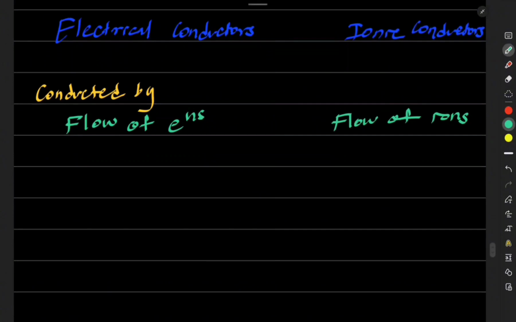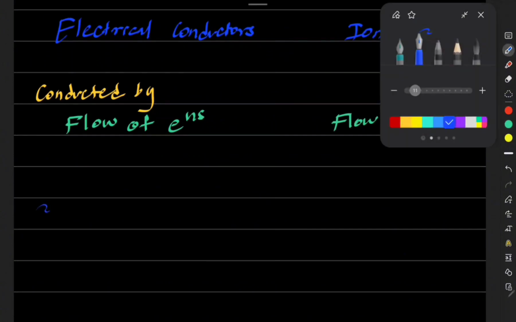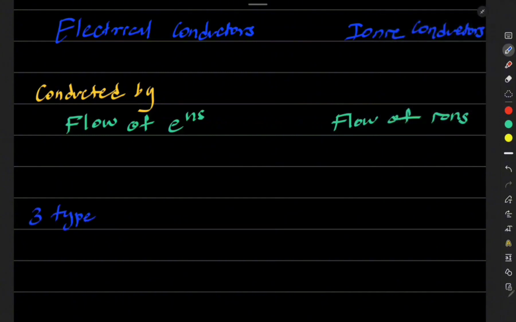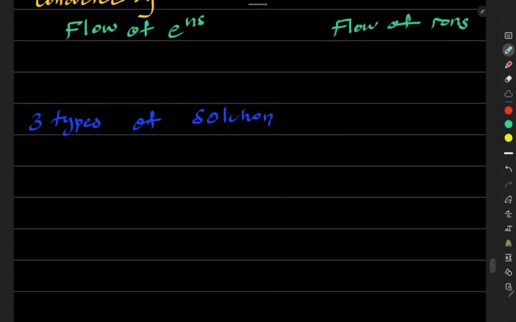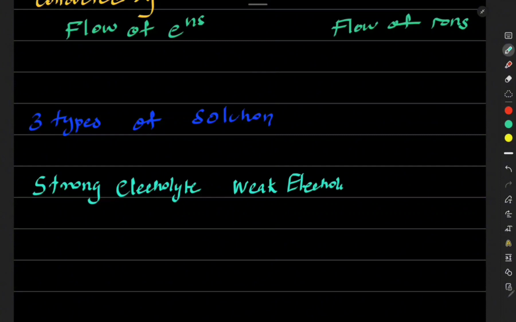Let's write it down. There are three types of solution. First one, strong electrolyte. Second one, weak electrolyte. And the third one is non-electrolyte.